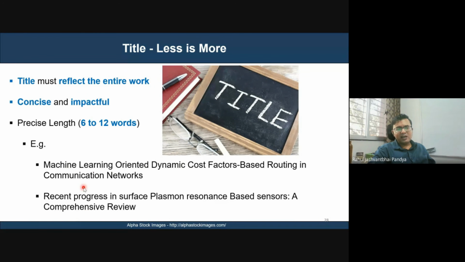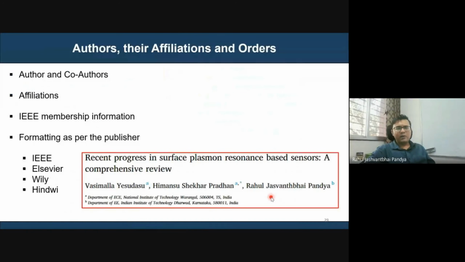Here it says that it's a clear cut indication that it's a review paper on surface plasmon resonance based sensors. So this gives a clear cut idea to the reader about what they have to see throughout the paper.